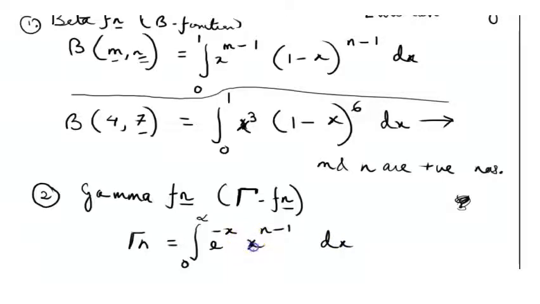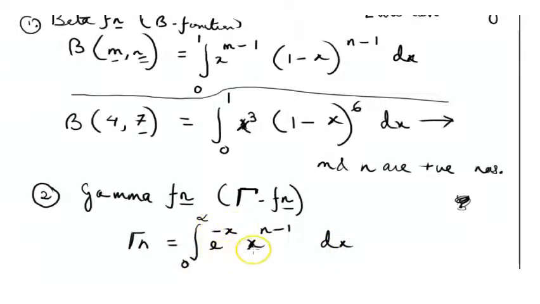Both are not very similar. Beta involves a definite integral, where we integrate with respect to x from 0 to 1. But for the gamma function, here also we integrate with respect to the variable x, but the limits are from 0 to infinity.